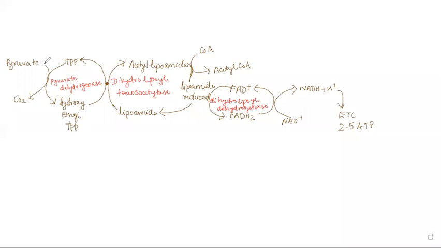So now we can see the sequence of reactions of the PDH complex. Firstly, the pyruvate dehydrogenase enzyme, which has TPP as coenzyme, decarboxylates pyruvate, that is, there is removal of carbon dioxide from pyruvate, and hydroxyethyl TPP is formed.